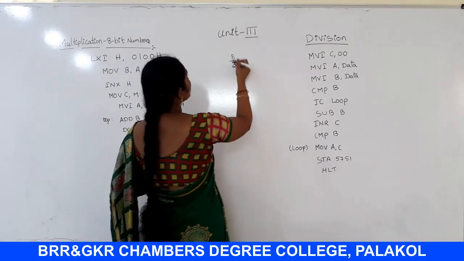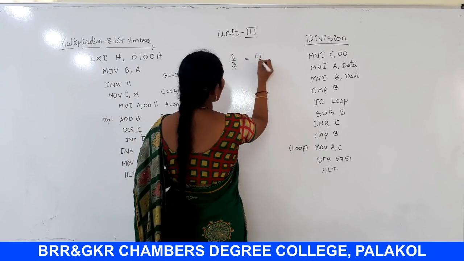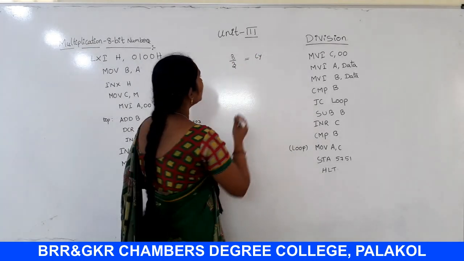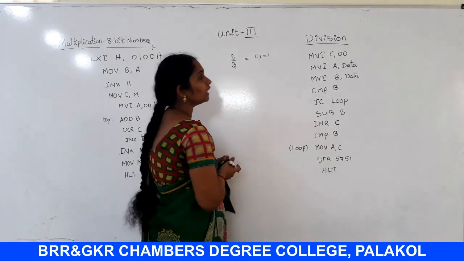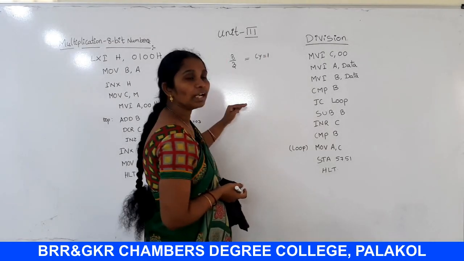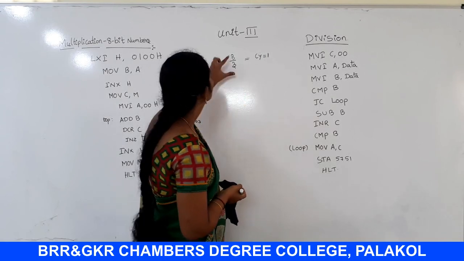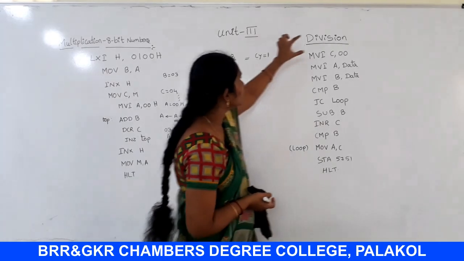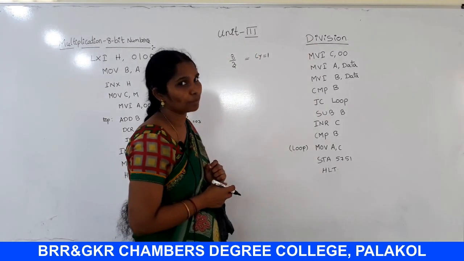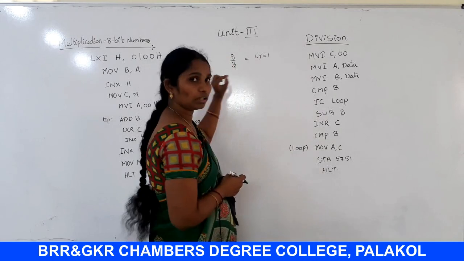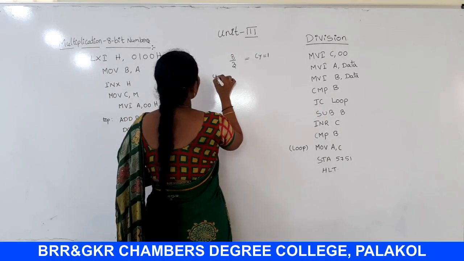Okay, so after performing a division operation, it will produce some carry. Then when the carry is generated, it goes to the next bit position. So for performing the division operation in the 8085 microprocessor, it can use one logic, that is the subtraction logic.